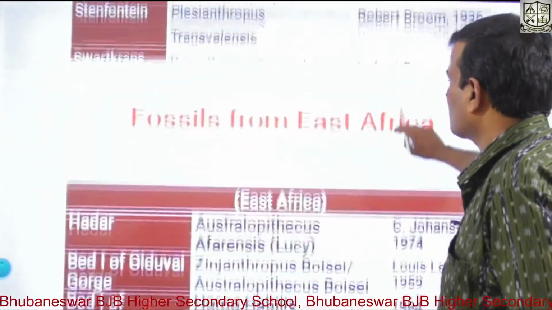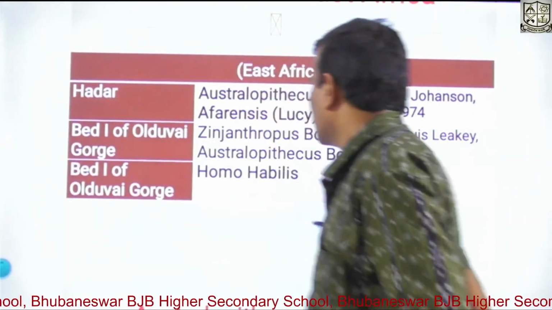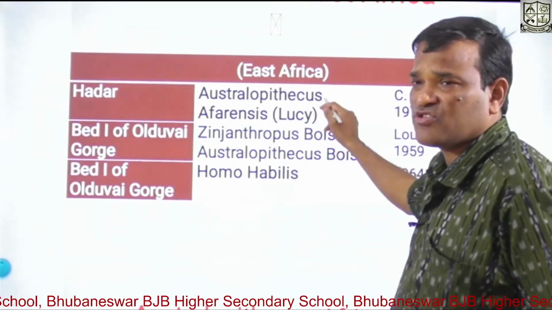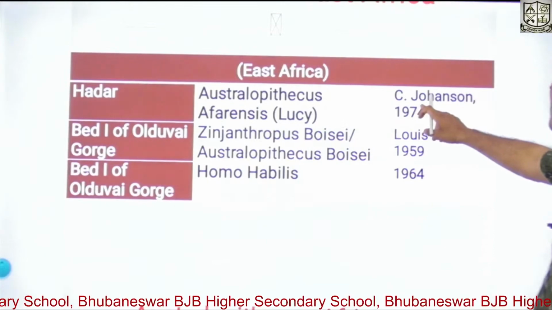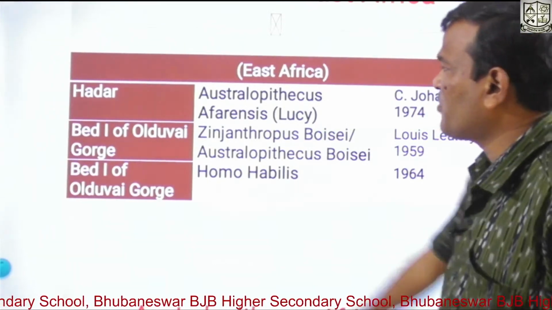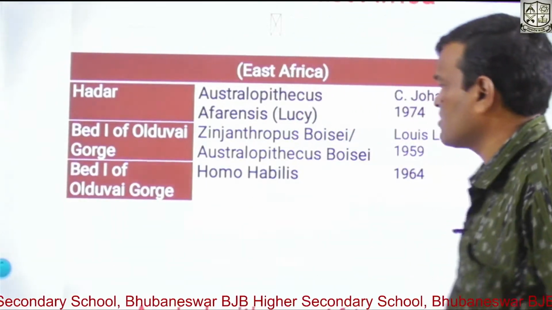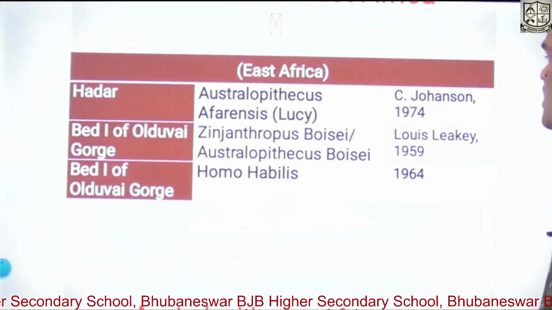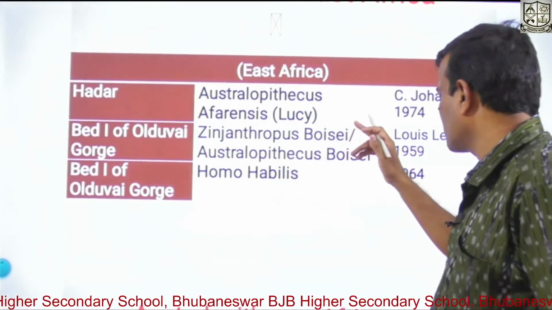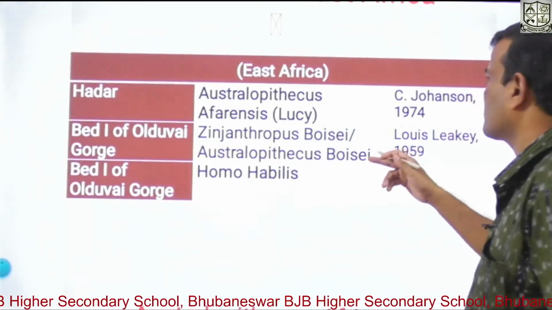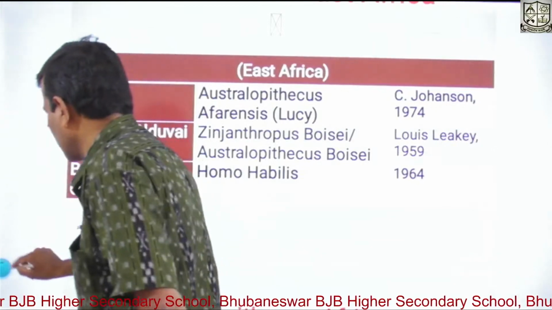From East Africa, the most important site is Hadar, where Australopithecus afarensis, Lucy, a female fossil, was discovered by Johanson in 1974. Bed one of Olduvai Gorge, East Africa, also yielded fossils.